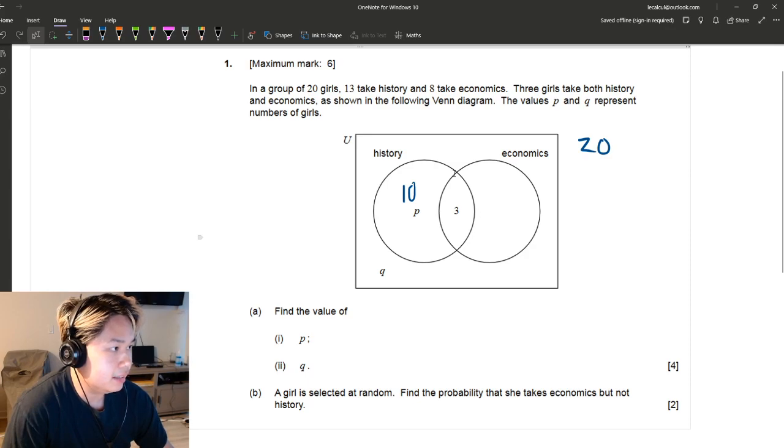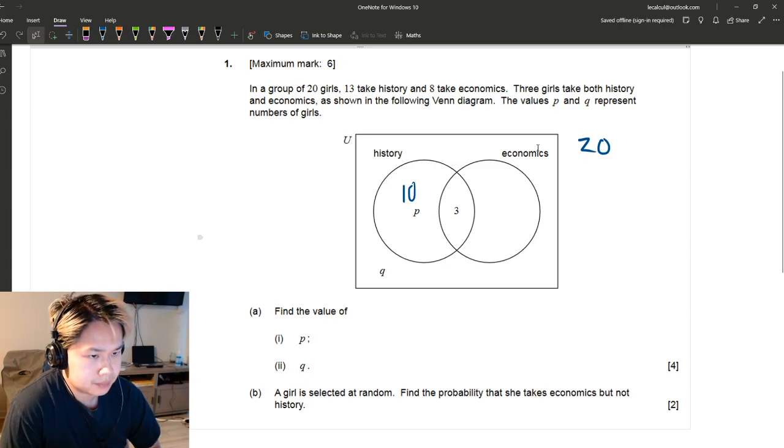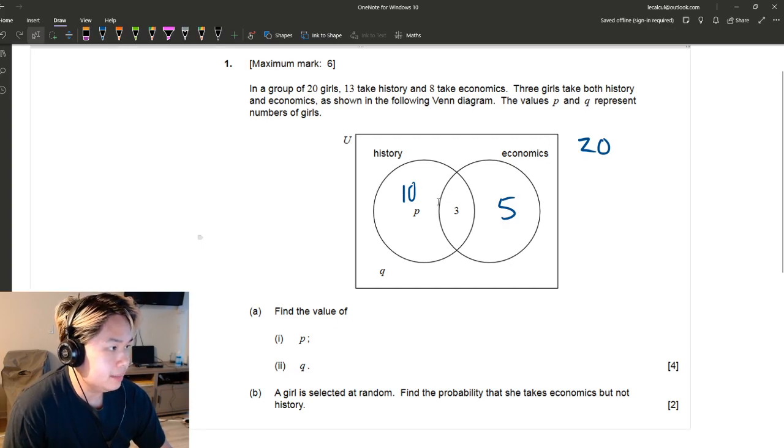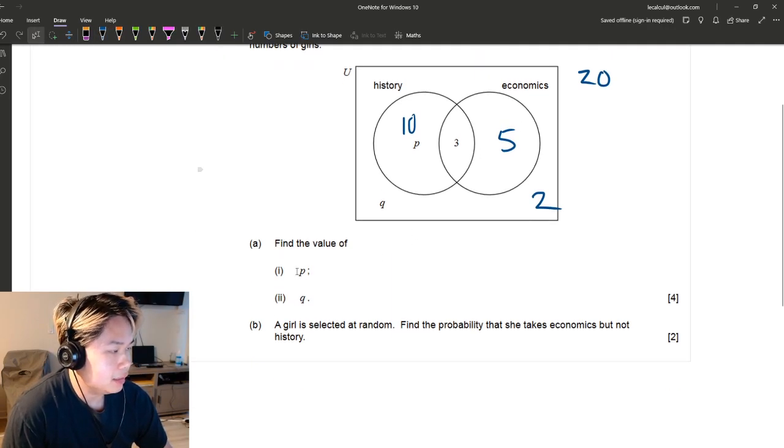And then economics, how much is it? 8? So this is 5. And then 10 plus 3 plus 5 is 18, which means that out of all 20, there should be 2 that are taking neither. So I think I just found out P and Q just by filling it out.